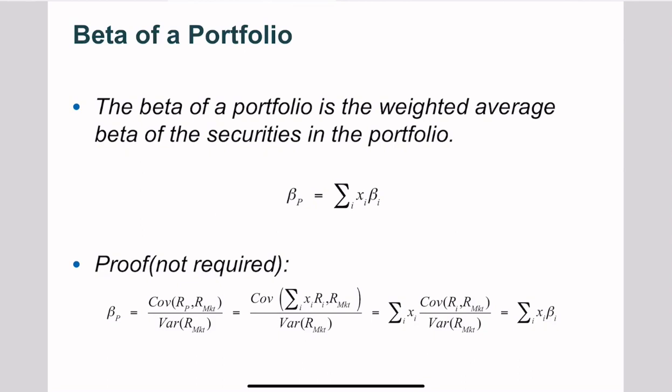So what you need to do is take the portfolio weight of stock i, x_i, times the beta of stock i, then do the same for all different investments in your portfolio, and add up these values. This gives you the beta of the portfolio.